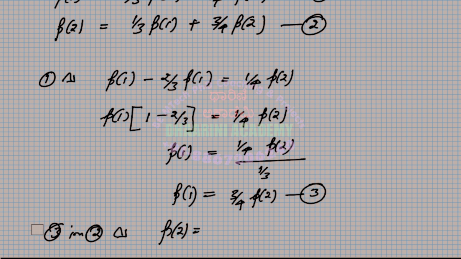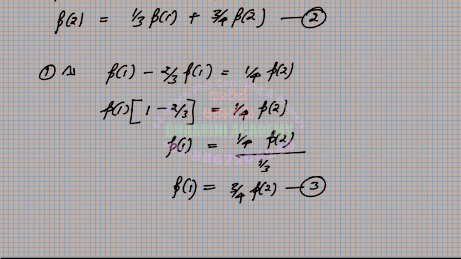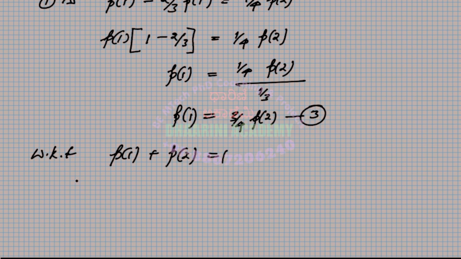Sorry, I will not be able to substitute here because everything is in terms of P of 2, which may not give us any required equation. So I'll use the other one, that is, the sum of the probabilities equal to 1. We know that P of 1 plus P of 2 should be equal to 1. Now if I substitute 3 in this equation, then no problem, nothing will cancel out, I still get the answer.